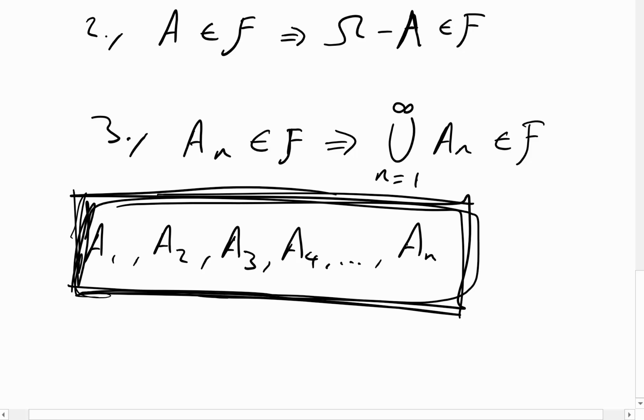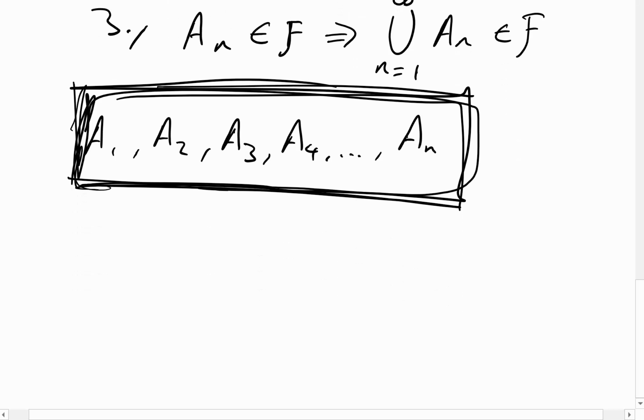Because F defines all the events that can happen in the world, if I take all of the possible events that can happen inside my house and put them all together, that's still going to be inside F. So I can talk about the probability of A1, the probability of one event, and I can also talk about the probability of A2.